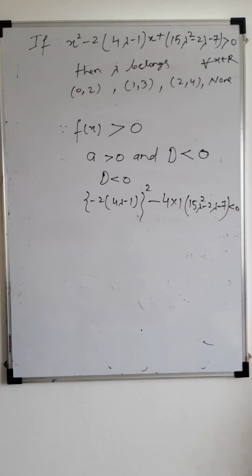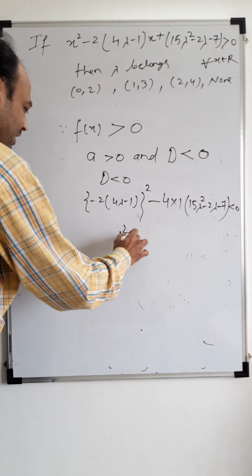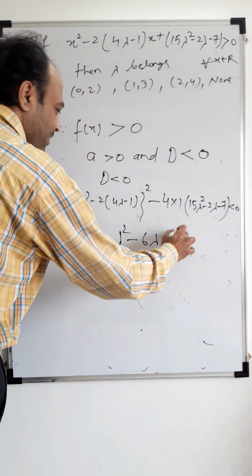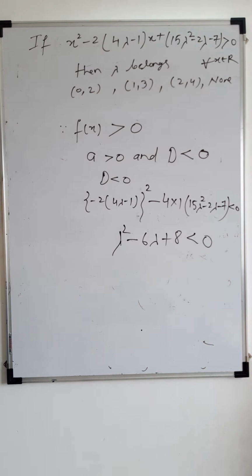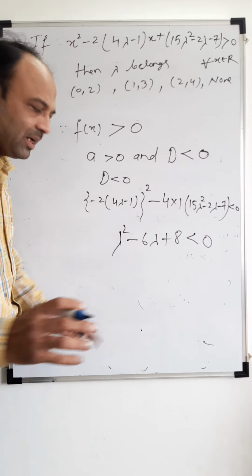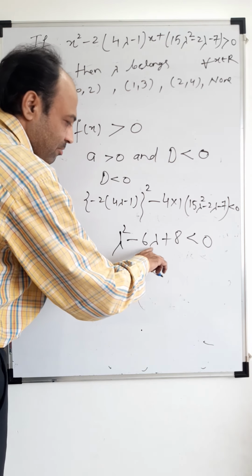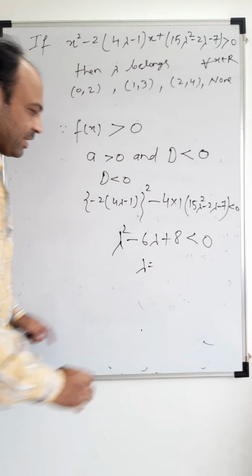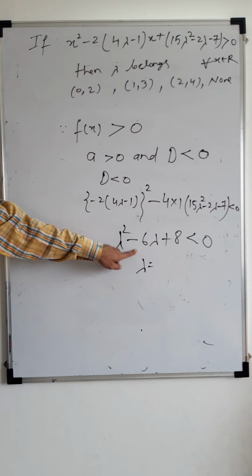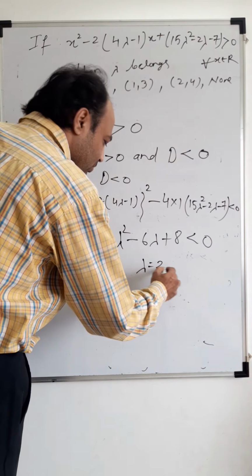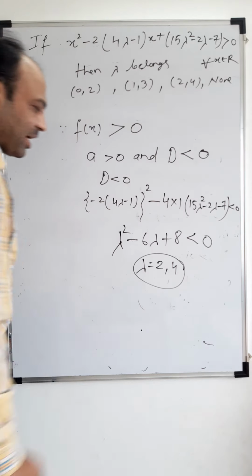After simplifying, we will get lambda square minus 6 lambda plus 8. You expand and you will reach this equation. So what are the roots of lambda here? Minus 4 and minus 2, since 8 is there. So 2 and 4 are the values of lambda.